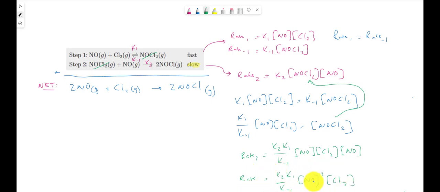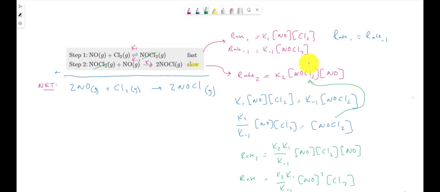That is the predicted rate law, because it is now in terms of NO and Cl2, but remember the origin of this whole thing was based on the original intuition that this was the slow step, so we wrote out the rate law for the slow elementary step.